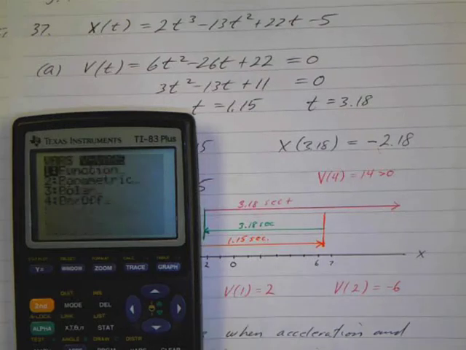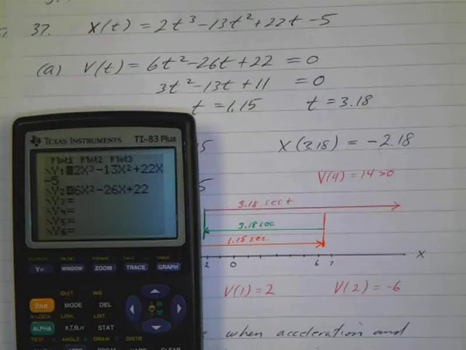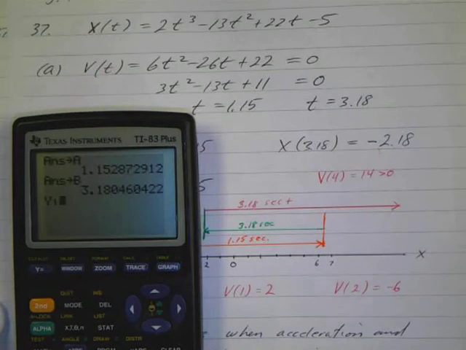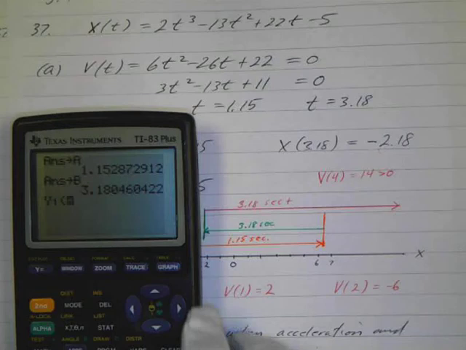Go to var, y vars, enter, enter. I'm sorry, I got to go second quit. Then I go to var, y vars, enter, enter. Then I put a parentheses and alpha A, so I can find out my position at alpha A.